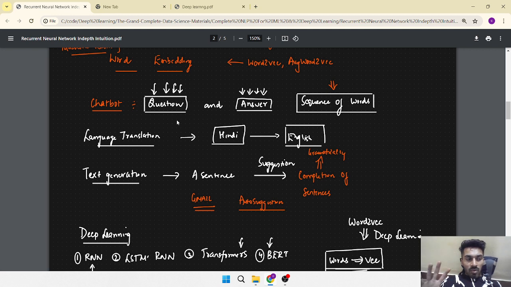We already know that every model is nothing but a weight matrix inside every model. And your weight matrix will be updated after every epoch.